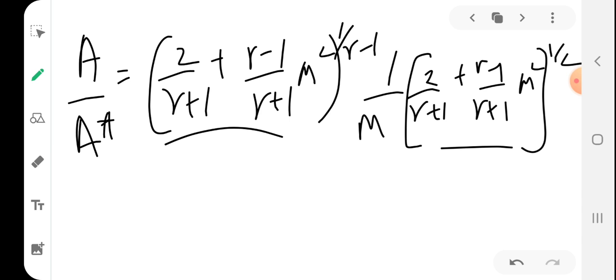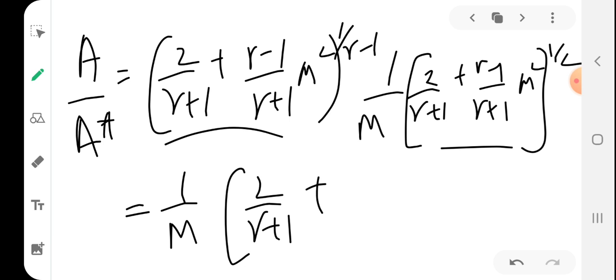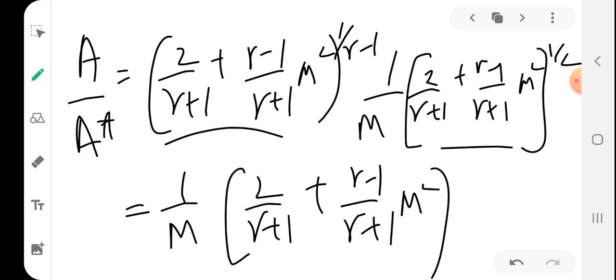Both these terms are equal, only the power is different. So you can simplify it as 1 by M into 2 by gamma plus 1 plus gamma minus 1 by gamma plus 1 Mach square. So this power plus this power, what is that?